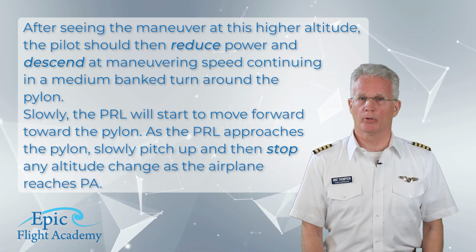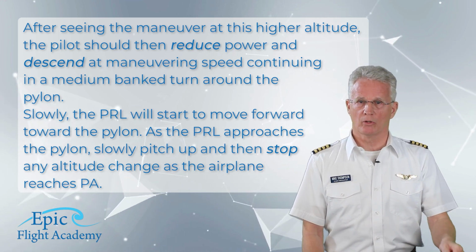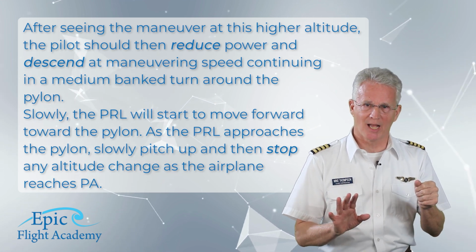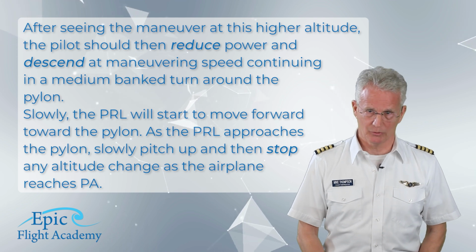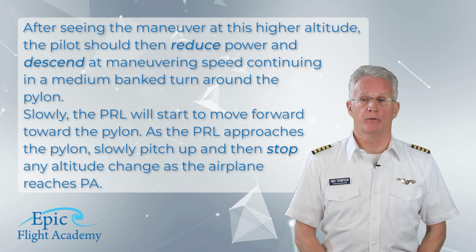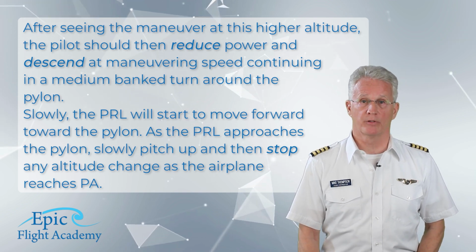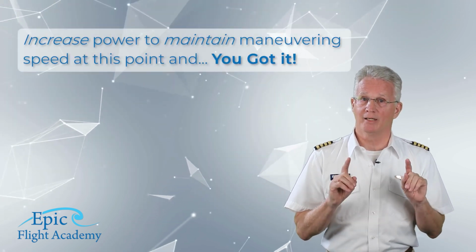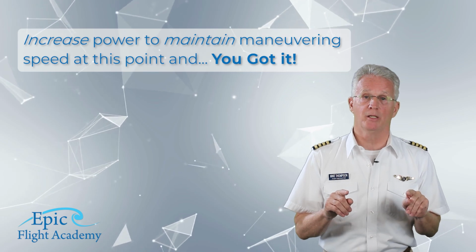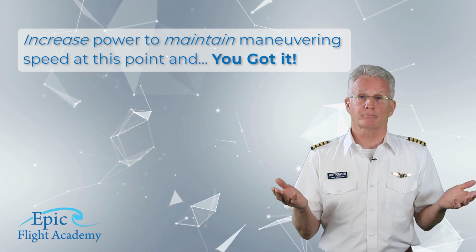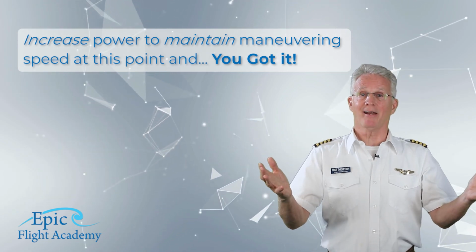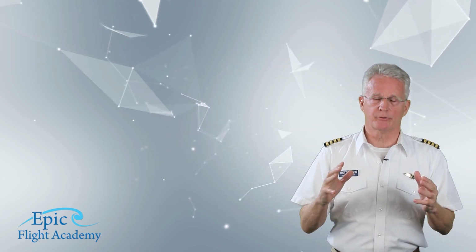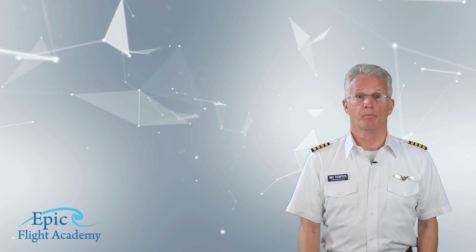As the PRL approaches the pylon, slowly pitch up and then stop any altitude change as the airplane reaches its pivotal altitude. Now, increase power to maintain maneuvering speed, and at this point, you got it. This is how actual pivotal altitude is determined in the air.